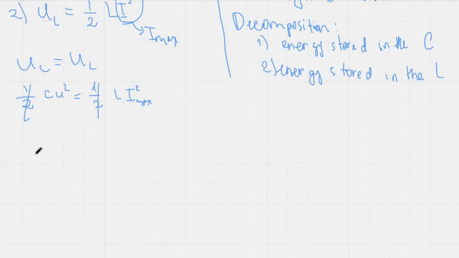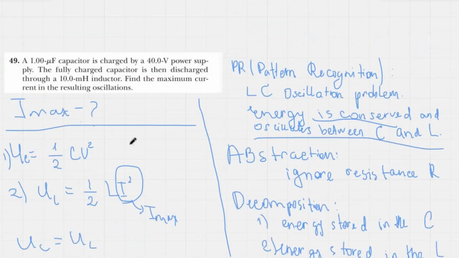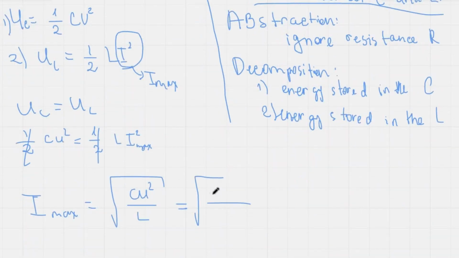So I maximum equals the square root of C V squared divided by L. Now let's put in the numbers. The capacitor was 1 multiplied by micro, which is 10 to the power minus 6.